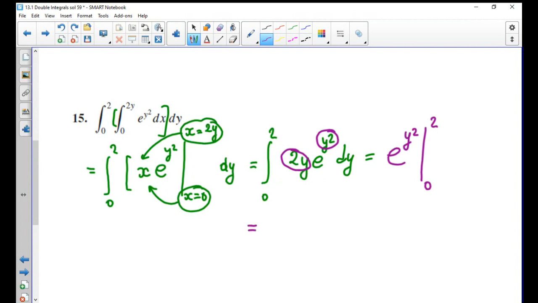And you substitute, so it's going to be e to the power of 4 minus 1. Very easy. No problem. Are you okay with this? All right. Good.